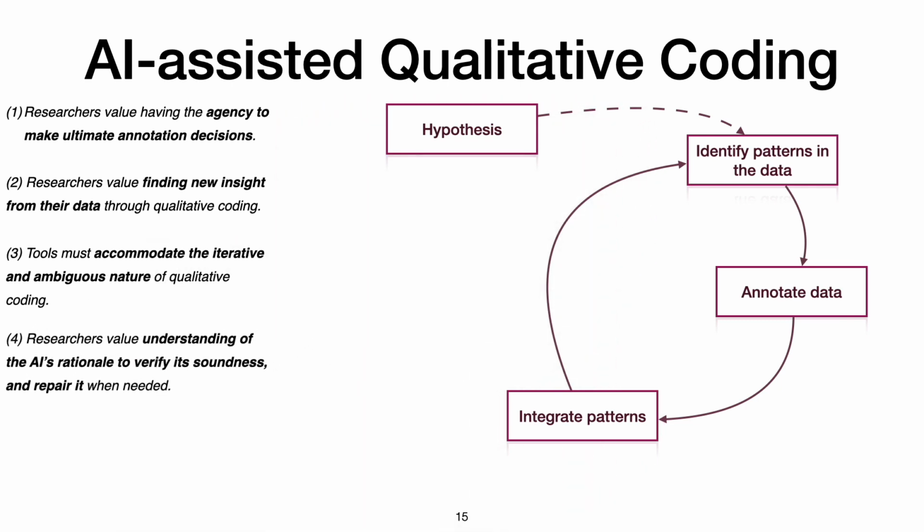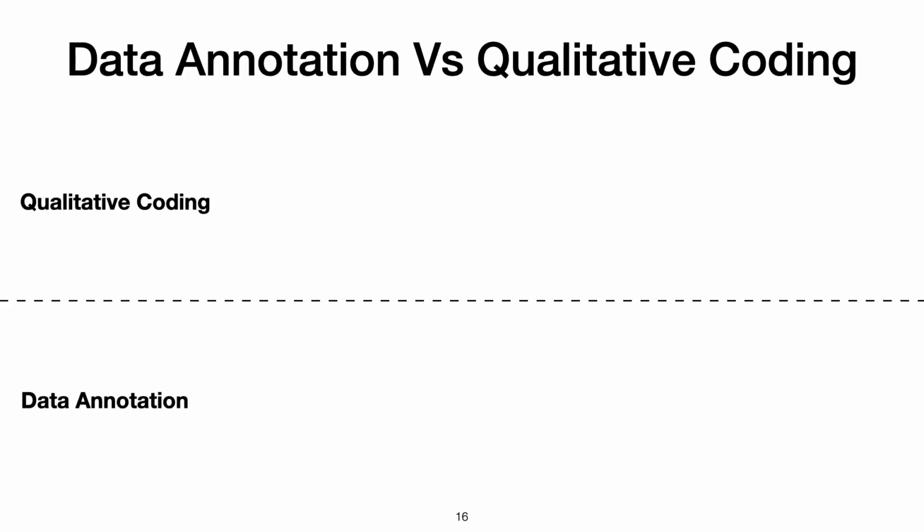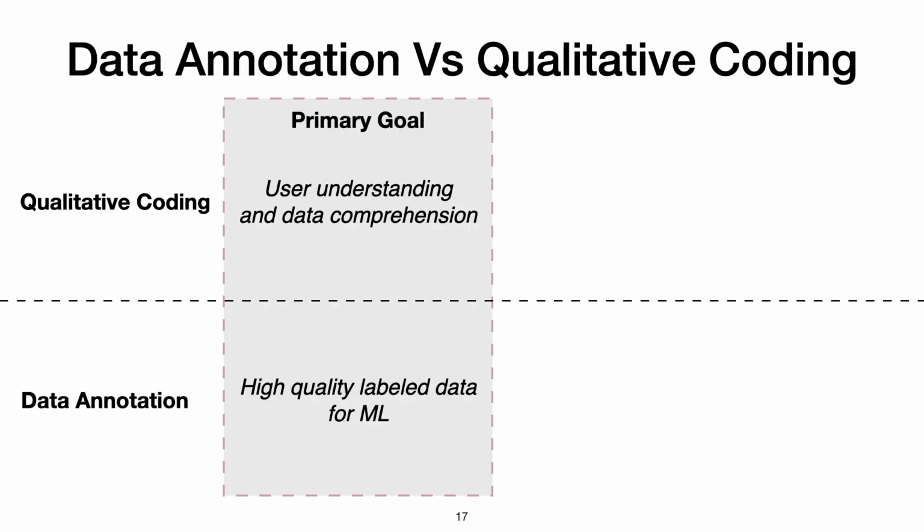While the tasks of qualitative coding and other forms of data annotation might seem similar, they're actually quite different. The primary goal of qualitative coding is for the researchers to have an understanding of their data and gain more comprehension. However, the primary goal of most data annotation tasks is to come up with high-quality labeled data for machine learning purposes.